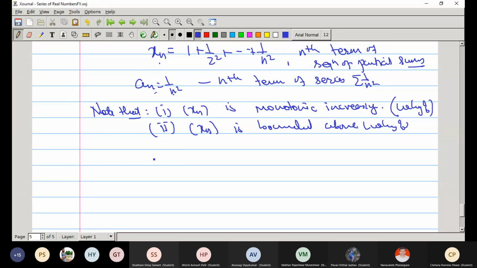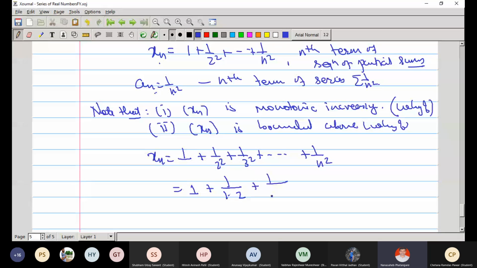Yes. What is xn? 1 plus 1 by 2 square, 1 by 3 square, up to 1 by n square. This is my xn. Okay, now I will keep 1 as it is, and I will replace 2 square by 1 into 2. I will replace 3 square by 2 into 3. I will replace n square by n minus 1 into n. So which sum is larger?